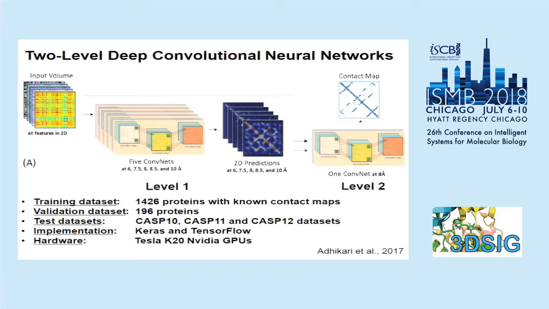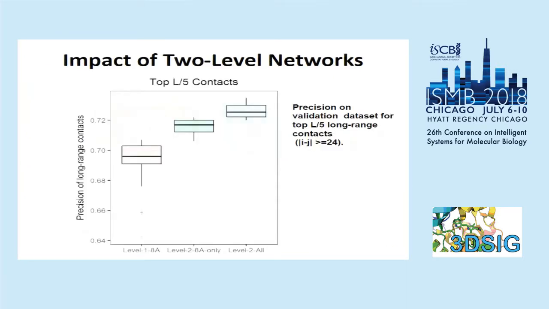And we train this 2-level network on 1,400 proteins with known contact maps. We validated on 196 proteins, and then blind tested on 3 CASP datasets. And we train on the GPU. Now, after we train this network, the first thing we do is check whether or not the 2-level network will actually help.